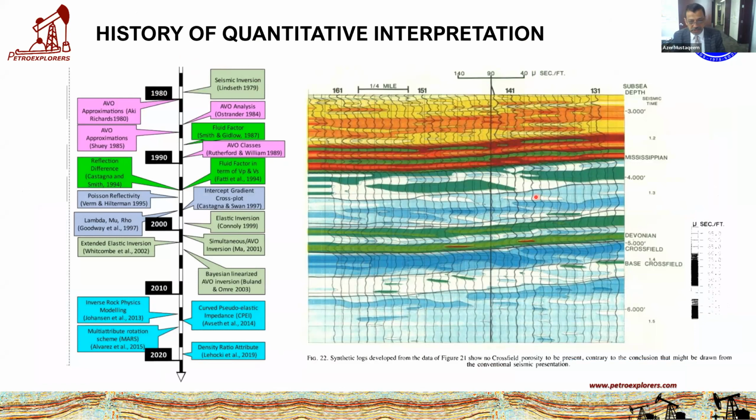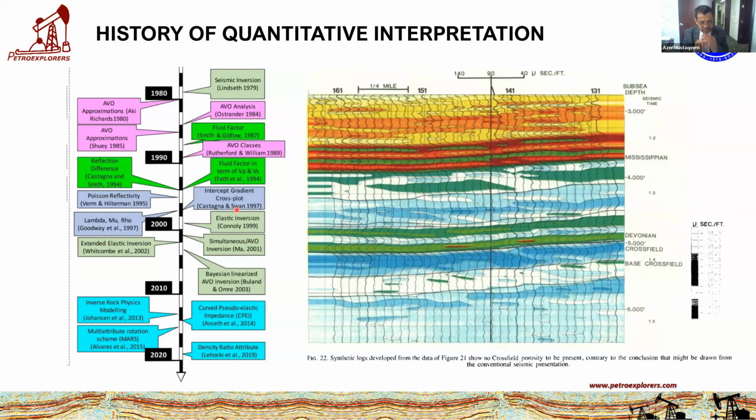But then AVO came at the same time, and then you have spectral decomposition, fluid factors, and AVO classes, coming to Poisson's reflectivity and various other methods to try to skin the same cat, by multiple ways of investigating the data.